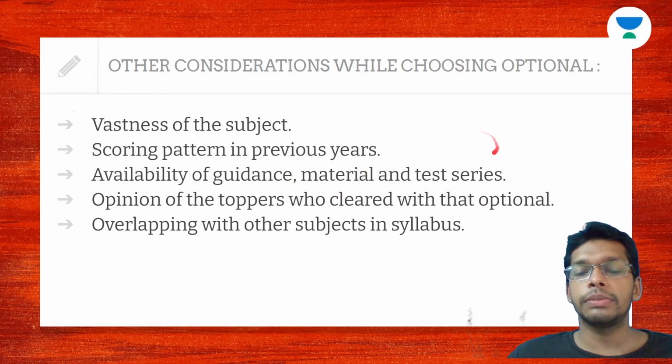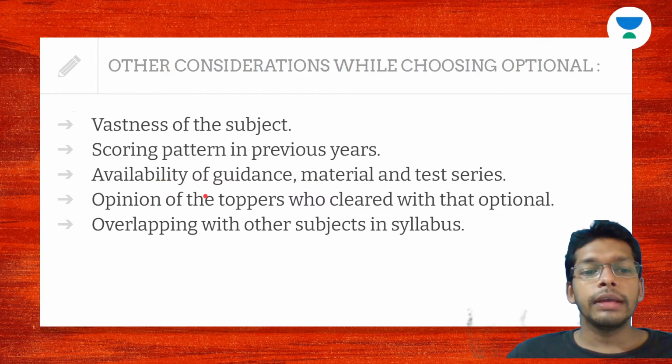For example, after prelims, in those 3 months, if you want to write a test series, it would be very difficult to find one if the optional is very less popular. So before choosing a subject, keep in mind whether there is abundant availability of guidance, materials and test series. This becomes another consideration while choosing the optional subject.